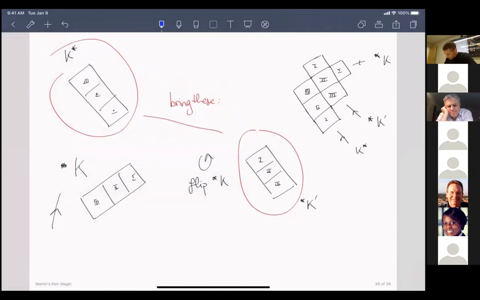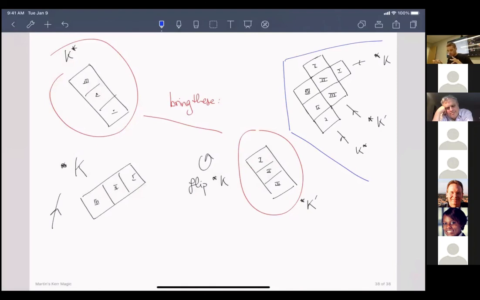And we've now built this by finding a bigger space-time, flipping the time reversed, rotation reversed Kerr star to make star Kerr prime.